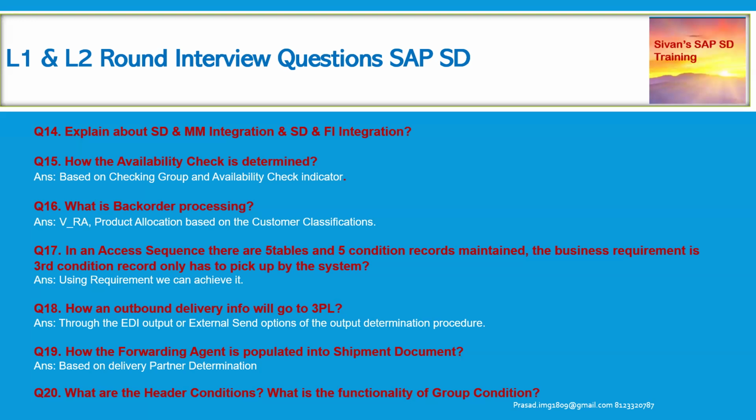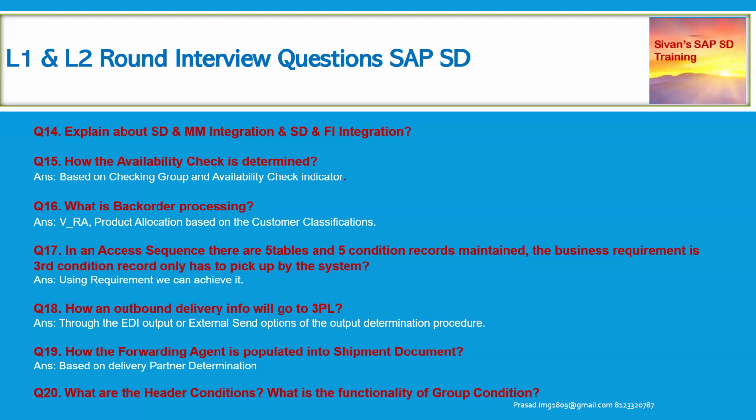Question number 18. How will an outbound delivery information go to third-party logistics, 3PL systems? For this, we need to explain that through the EDI output option or external send options of the output determination procedure.